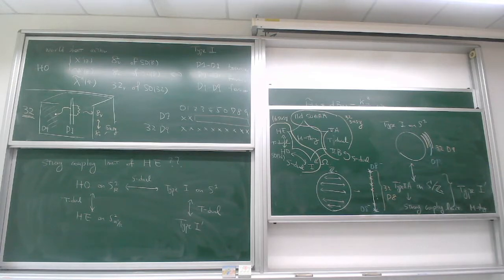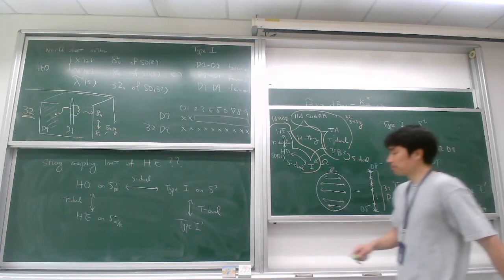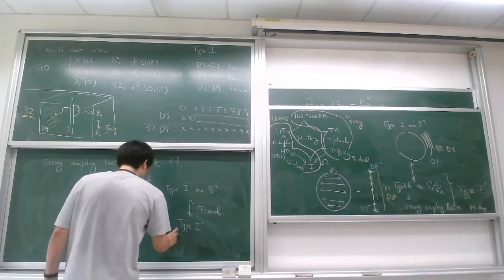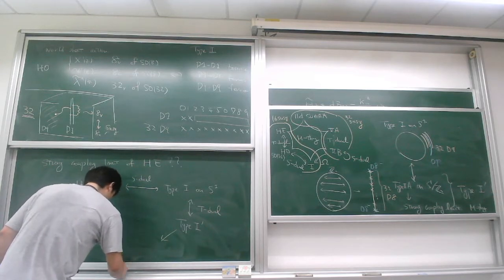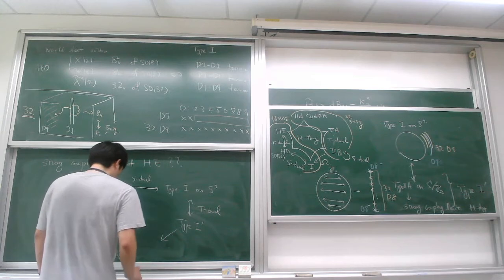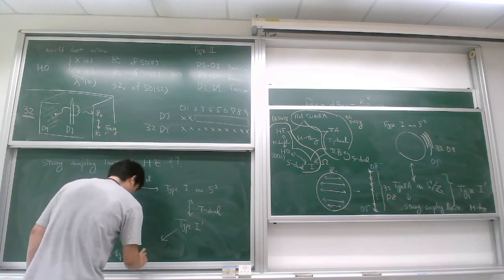So we know strong coupling in type 2A is indeed M theory on a segment, so S1 mod Z2.